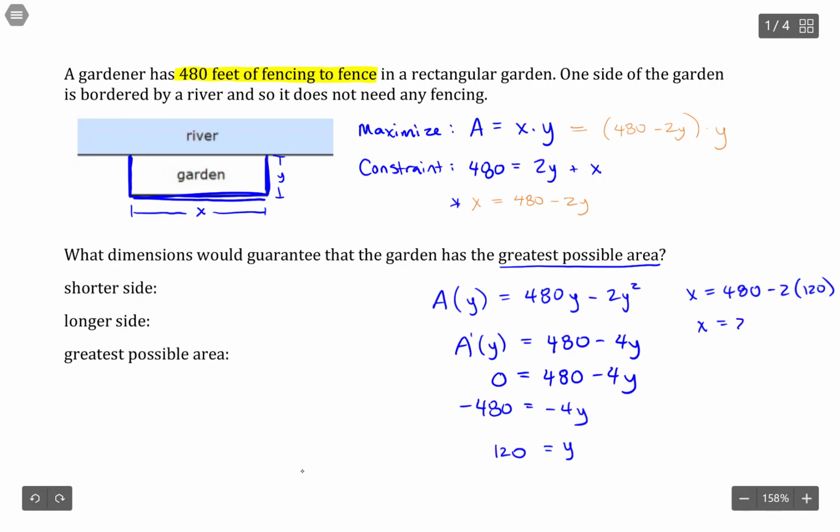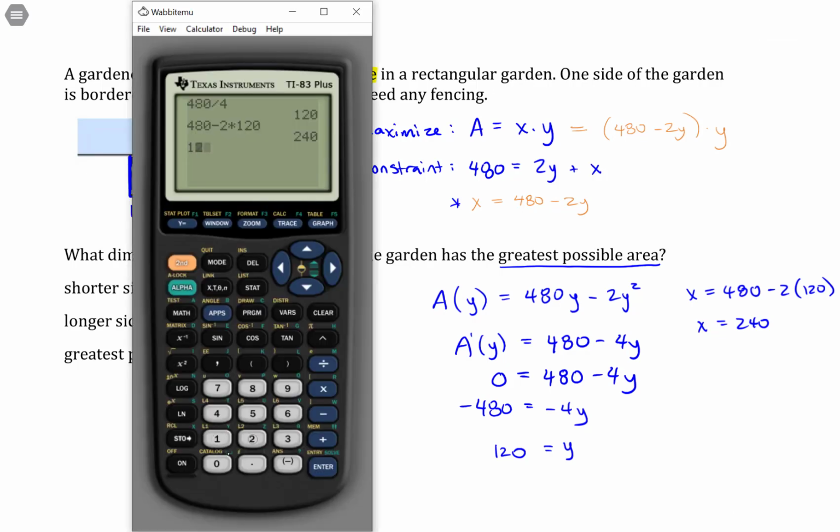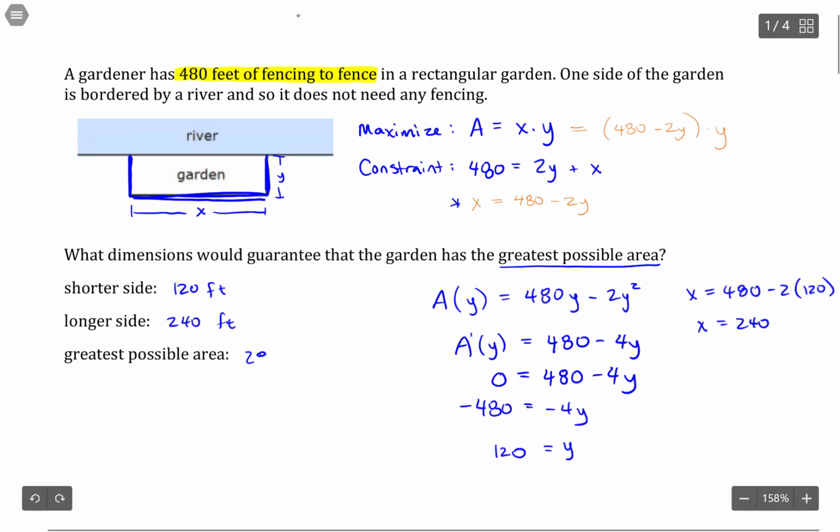So that means x is 240, and y is my shorter side, so 120 feet. The longer side is 240 feet. The greatest possible area, we would take x times y and multiply those together, and that would be the maximum area, 28,800 square feet.